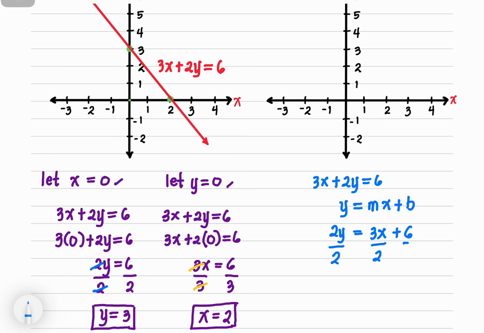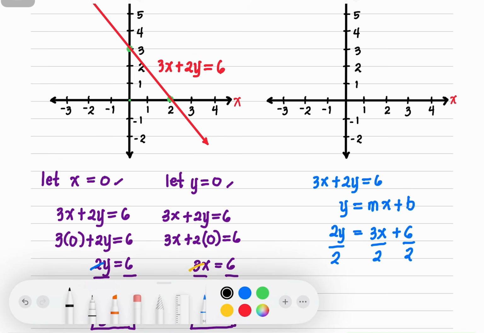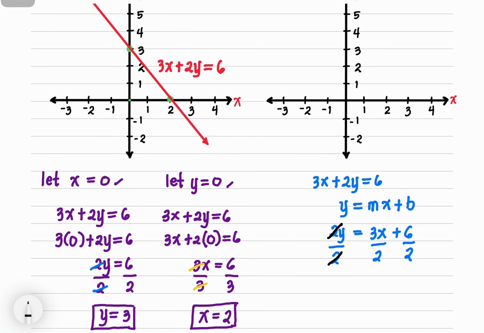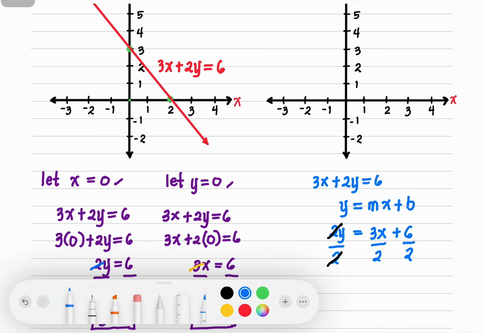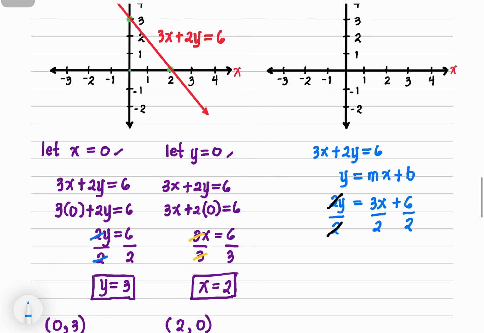Okay. And then, cancel natin yan. So, we left by the variable y. So, y now is equal to, it doesn't matter if our answer is in fraction, walang problema.